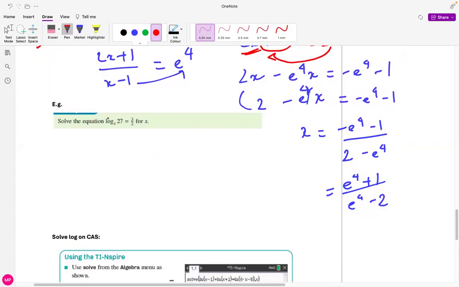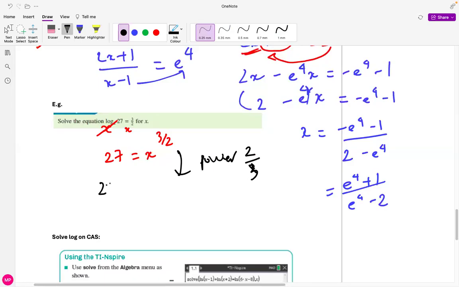One last example, maybe we should do this too. So if you see log x, again, if you want to exponentiate it, you just do x to the power, and x to the power log x will go away. So you would have 27 equals x to the power 3 on 2. Now, to carry away 3 on 2, the opposite of power 3 on 2, you're going to power 2 on 3, so the reciprocal of that power.